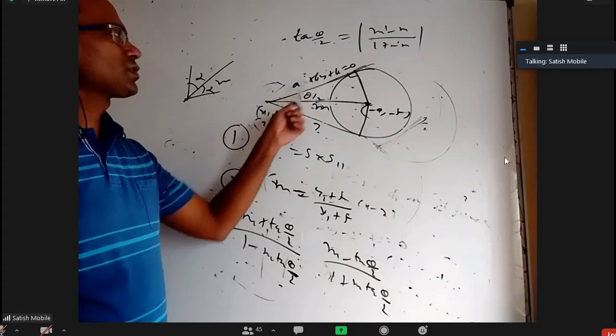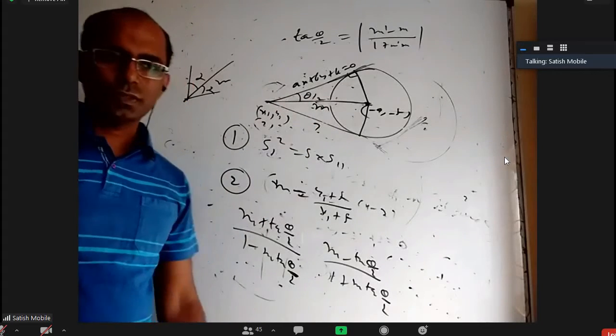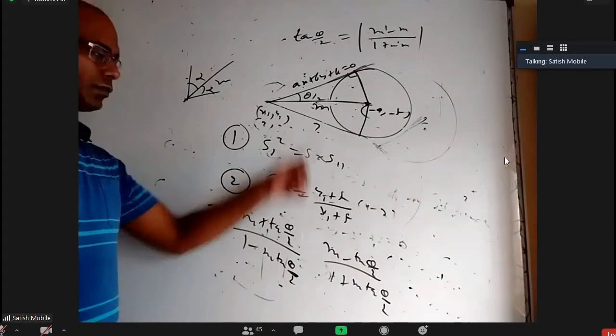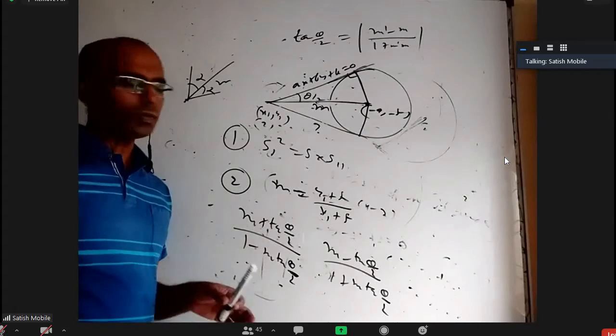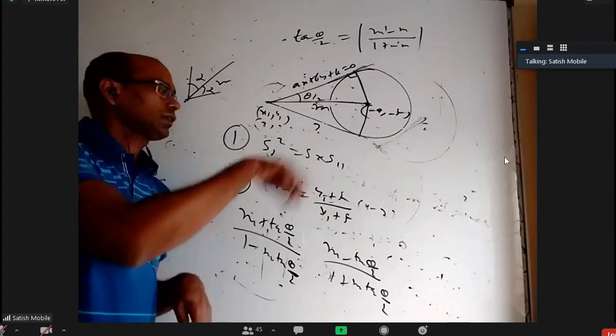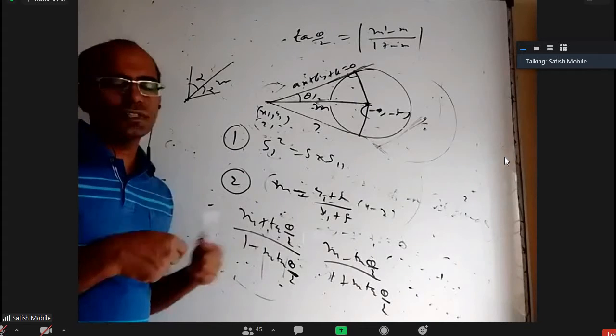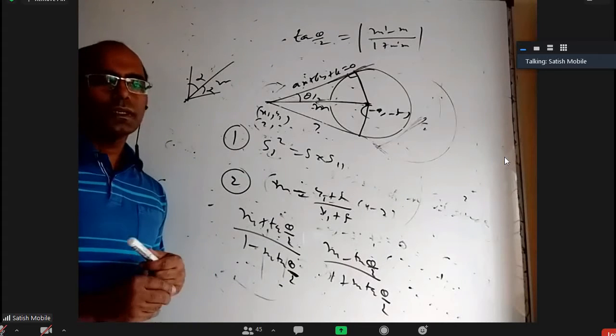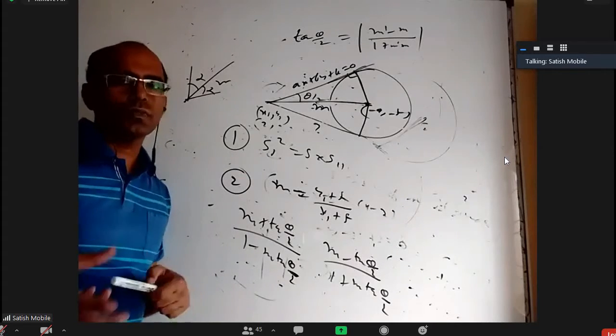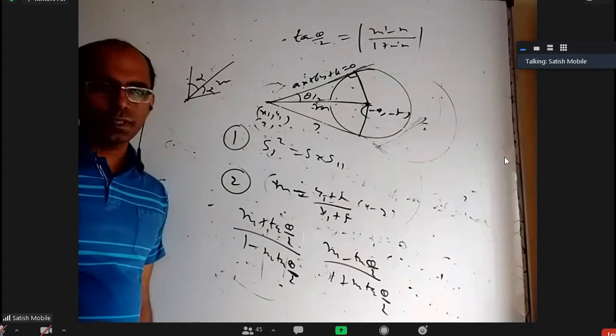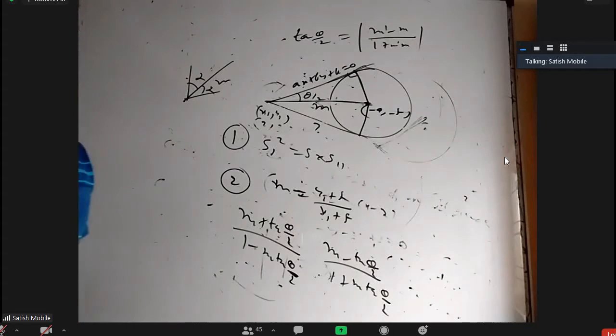Then I can prove b is 0 and say it is in the form of x equal to a constant. You can avoid that. But one limitation is that when the line is vertical, m will not be defined, so these formulas will not give you that answer. Whenever you are supposed to get two answers and you got only one answer, you have to understand the other tangent is a vertical tangent. Is it clear?